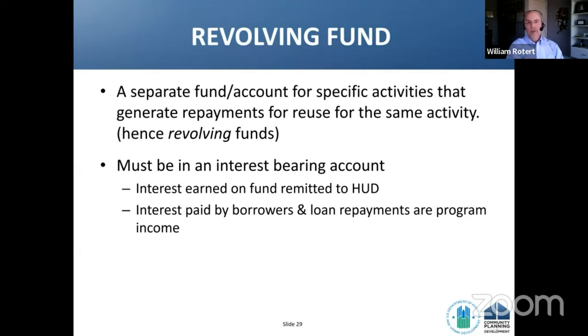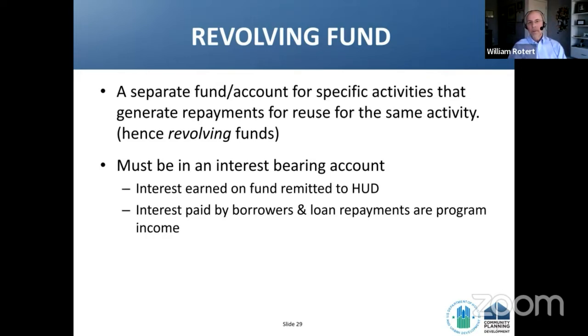So I mentioned a revolving loan fund, and it's treated a little differently, and I want to take just a couple minutes to explain that. What is a revolving loan fund? From my experience, I think without exception, our entitlement grantees use this for economic development when they might be funding a nonprofit group or a CDC to carry out small business loan programs. That's probably the most common example of a revolving loan fund.